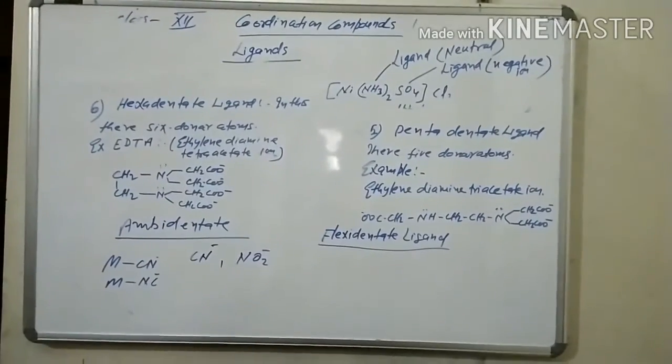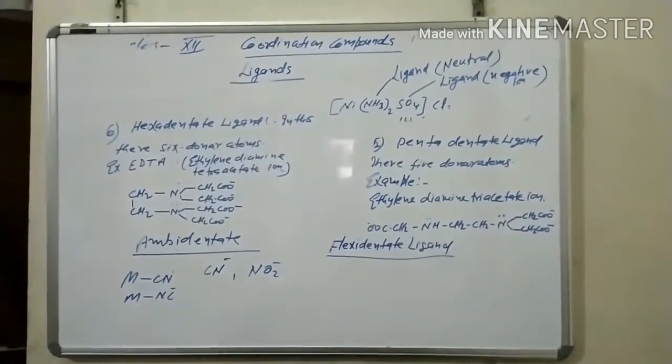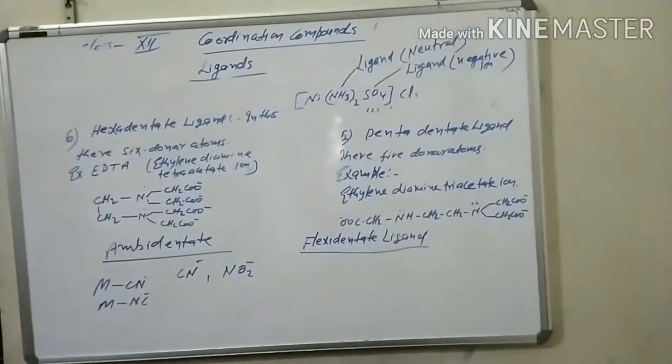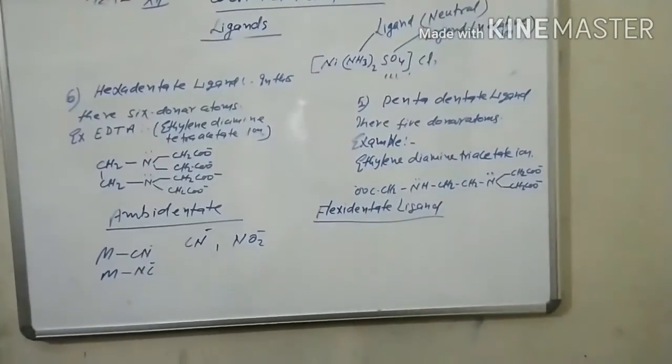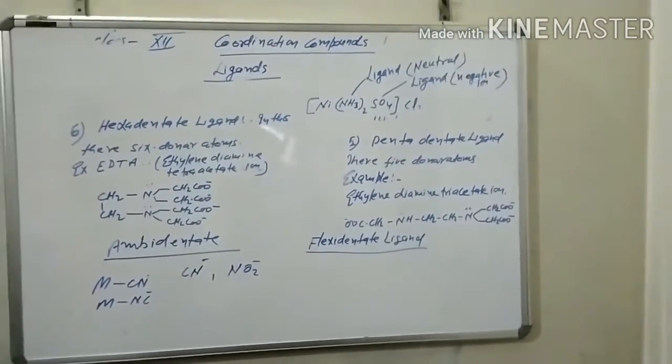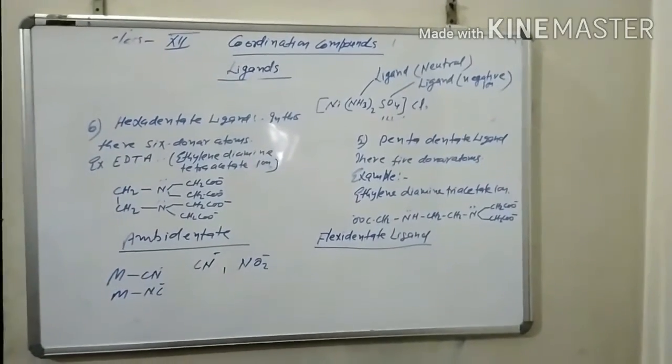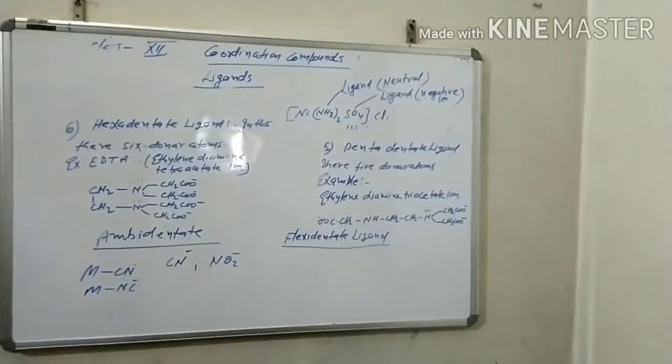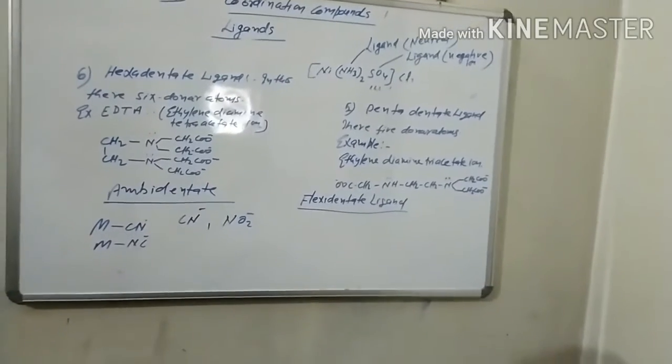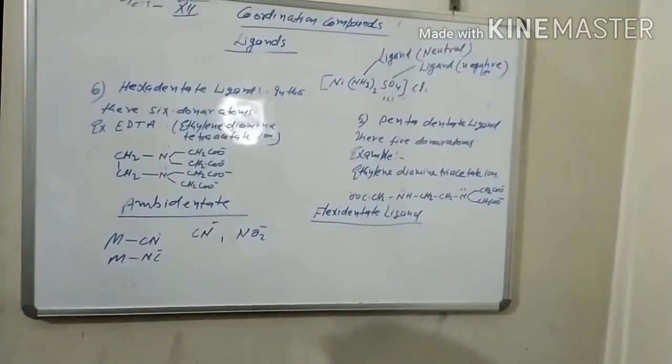The ligands having more than two donor atoms are known as polydentate ligands.